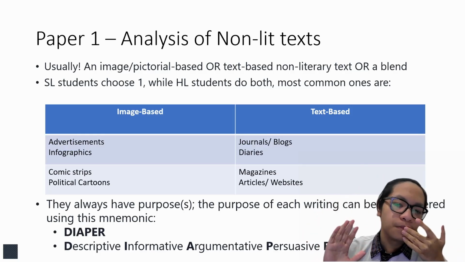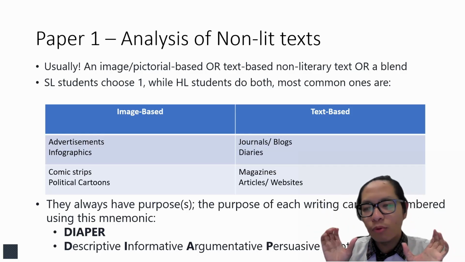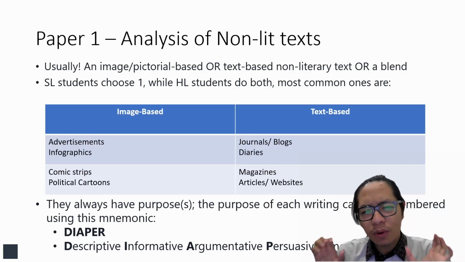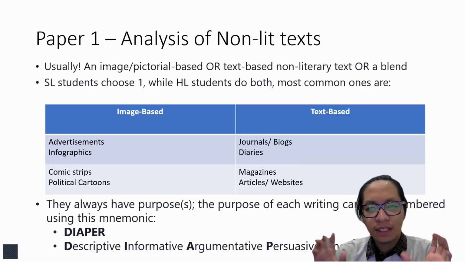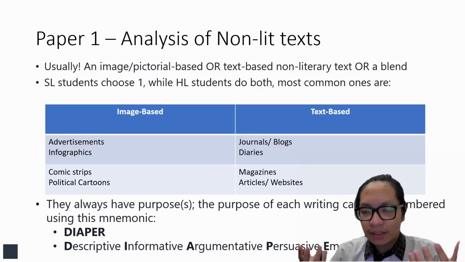So it's really important for you to realize whether it's image based or text based because they have different purposes and they have different means, and their effects are definitely deliberate from the specific author or designer.